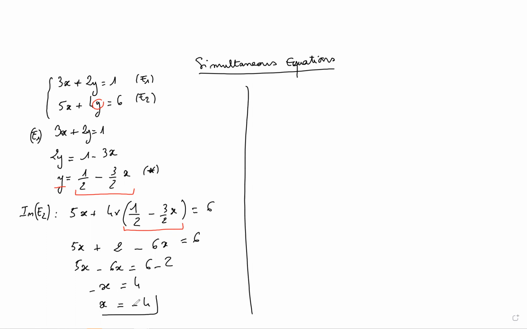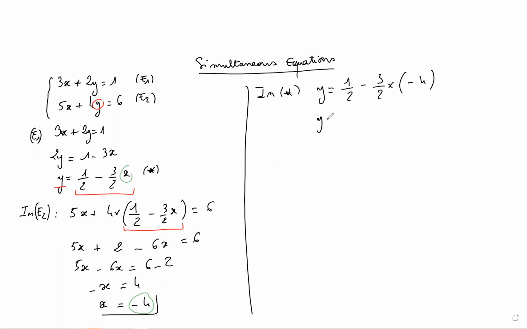Right, so I have x. I did half of the job. Now I want to know the value of y. So I just put the x value I got here, in star. That's why I gave a name to this equation. I get y is equal to 1/2 minus 3/2 times the value of x, which is -4.